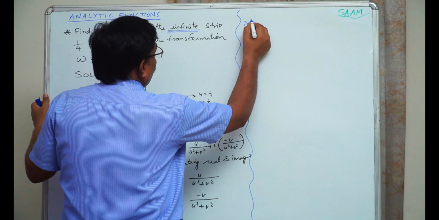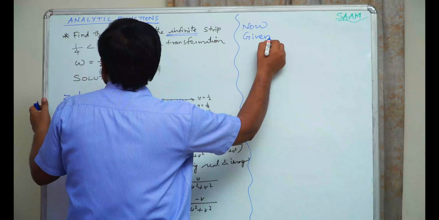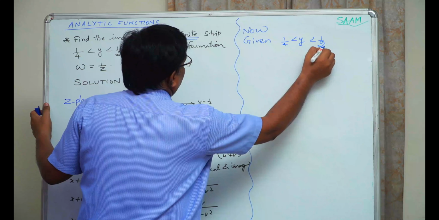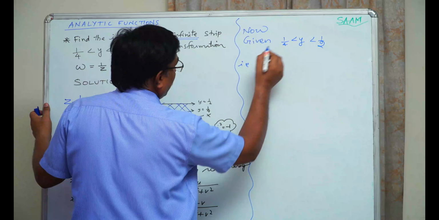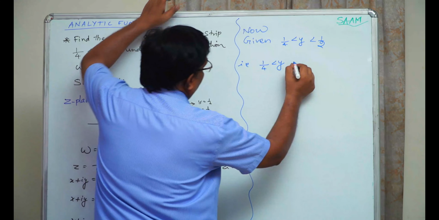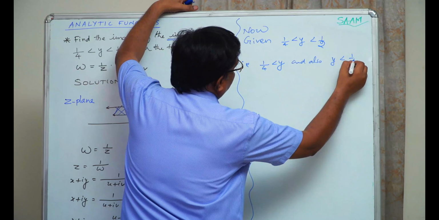Now, for this problem, the given condition is 1/4 < y < 1/2. That is, the first condition is 1/4 < y, and also y < 1/2.